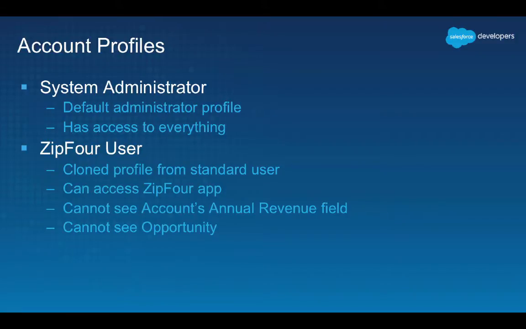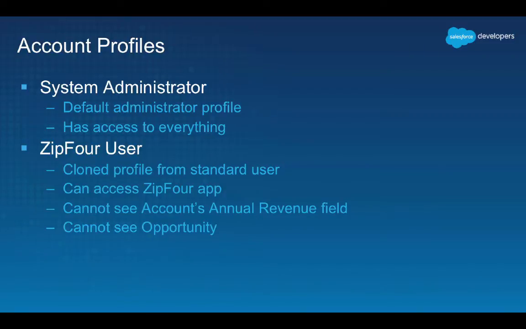This is a clone from the standard user because we need to modify some access for this account. For example, we restricted viewing of opportunities so that it cannot see opportunities. We'll go over this in detail later. But this account should also have the same visibility if you go into the account tab, also in the ForZip app.